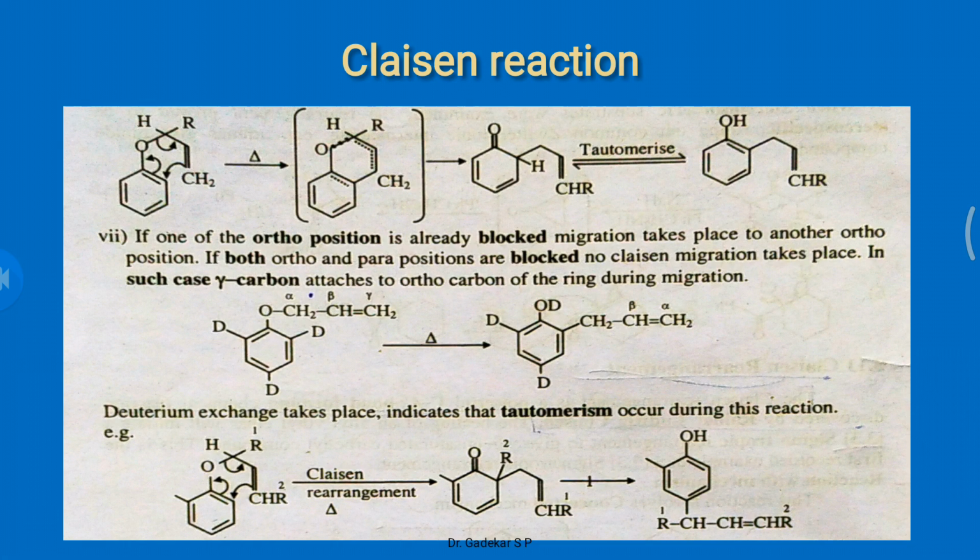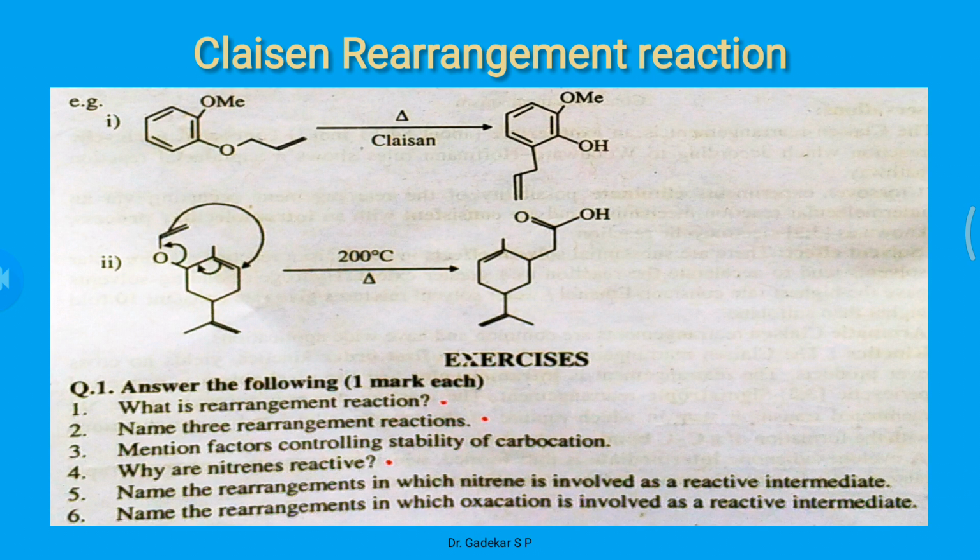In another example, there are two products, one ortho and the second para. The ortho shift, the 3,3 shift, is more dominant than para. The para product is rarely formed, and only in a small amount.